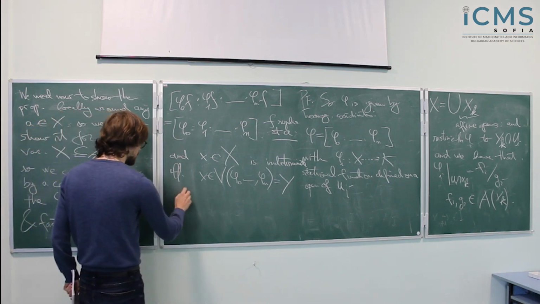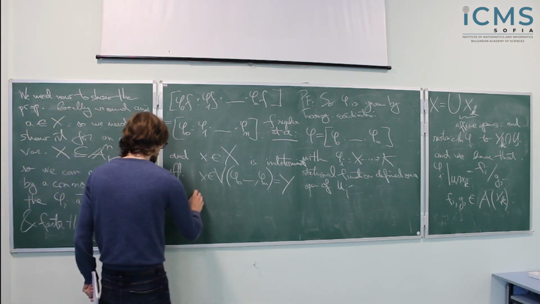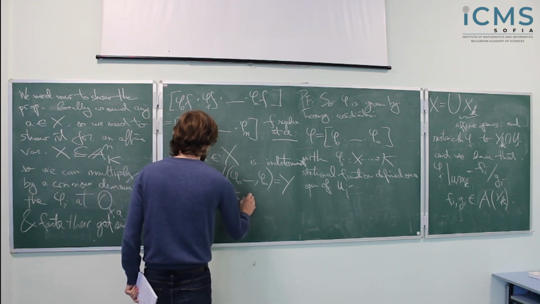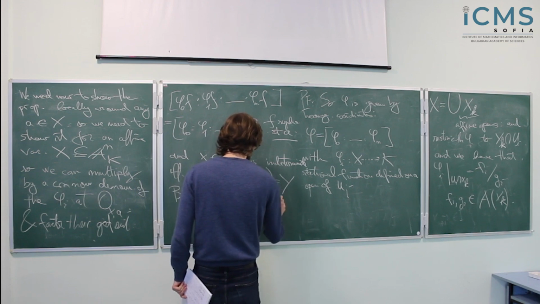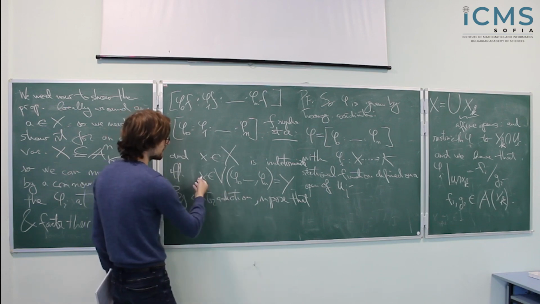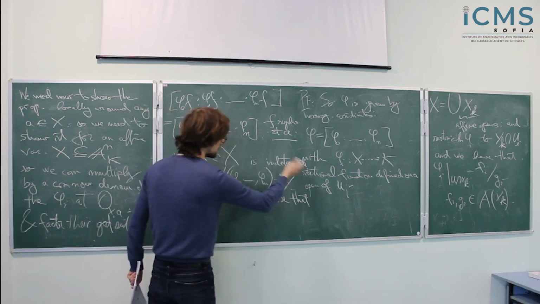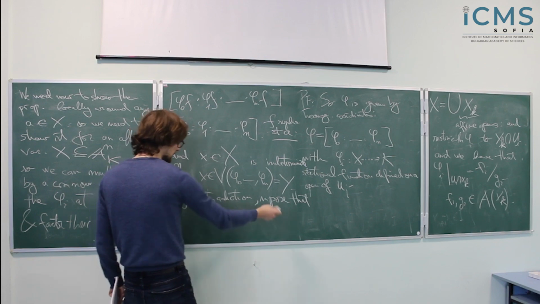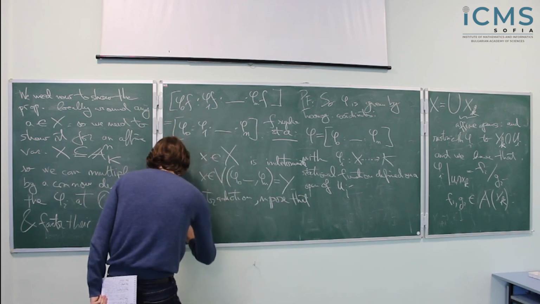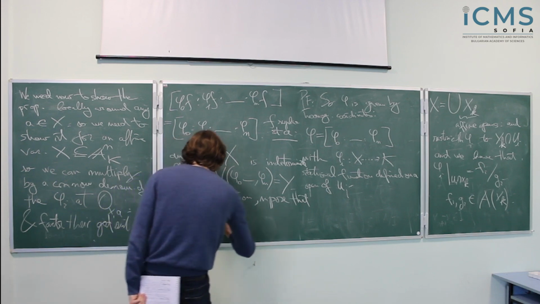So suppose by contradiction, so this also proves indirectly that the locus of indeterminacy is closed. By contradiction, suppose that Y is of codimension 1.